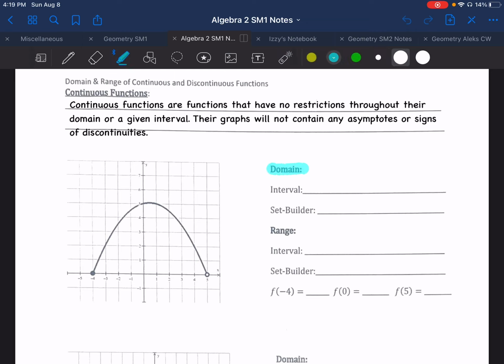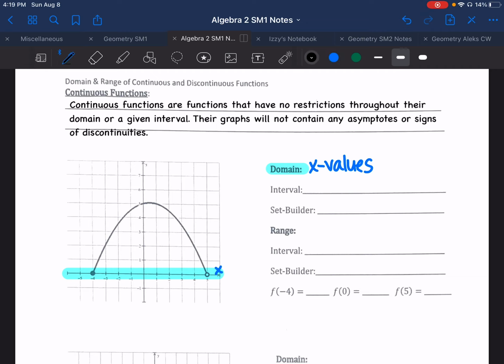Remember that your domain are your x values. These are your x values. So we simply have to find the x-axis down here, and I'm going to highlight it in blue. And I just have to kind of basically think about squishing this graph to the x-axis. So I want to know, where does it start and where does it stop? Is it continuing on forever towards negative infinity, towards positive infinity, and all that kind of stuff?